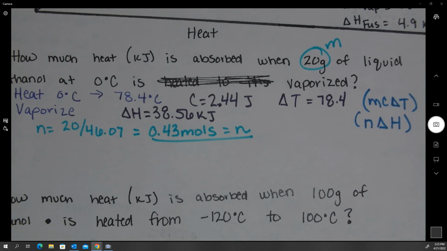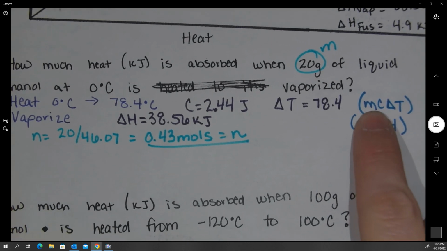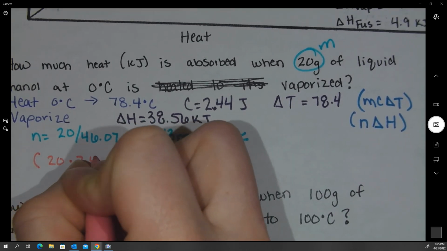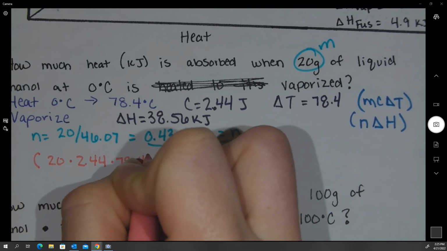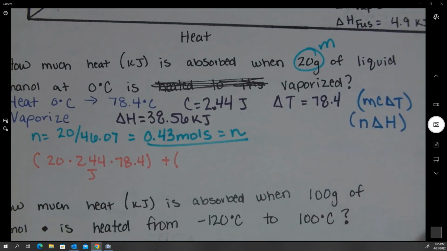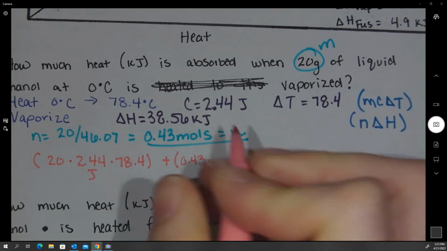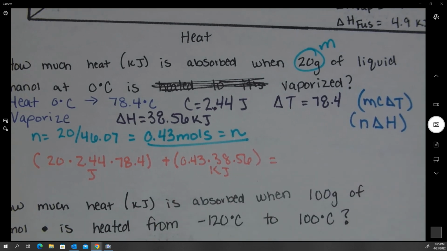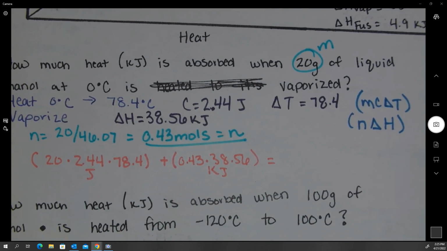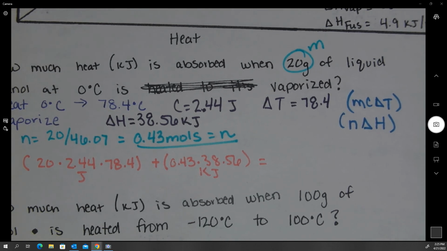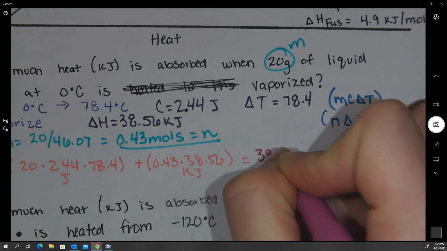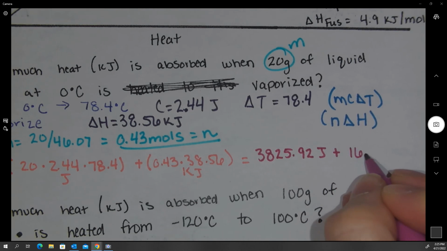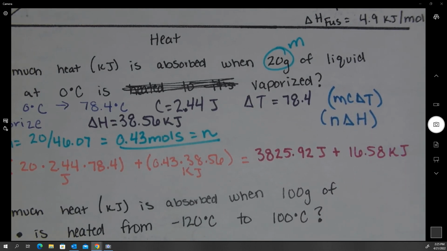All right. Next, we just plug and chug. So MC delta T, my very first one is going to be 20 times 2.44 times 78.4. That's going to be joules. Plus N, which is 0.43, times delta H, which is 38.56. This one's kilojoules. When I simplify that out, I get 3825.92 joules plus 16.58 kilojoules.